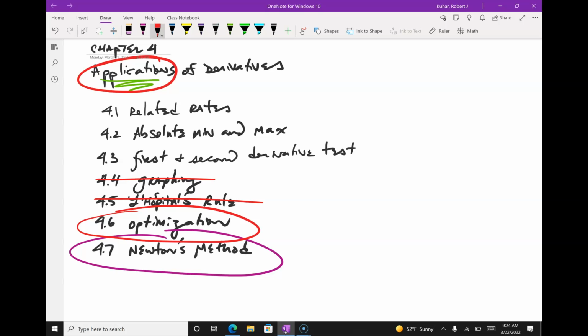But I don't bother doing it because we're still going to have our calculators. L'Hopital's rule we already did, so they're crossed out. And Newton's method is going to be project only. So there's only 4 sections to cover here, but I still want to talk about Newton's method today, okay?